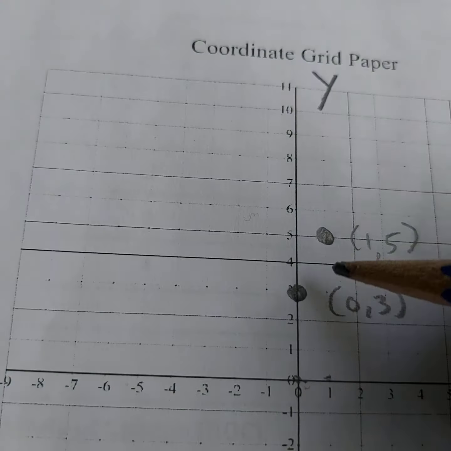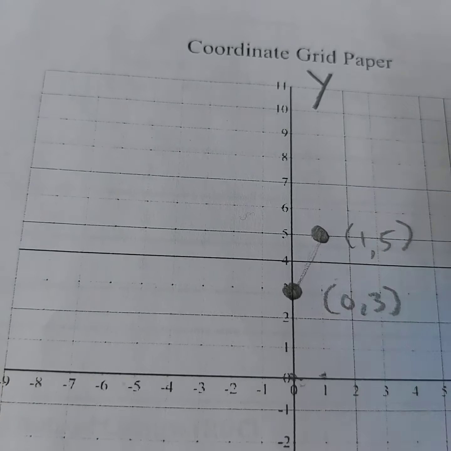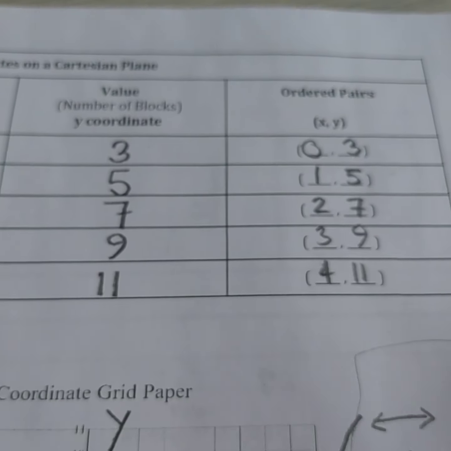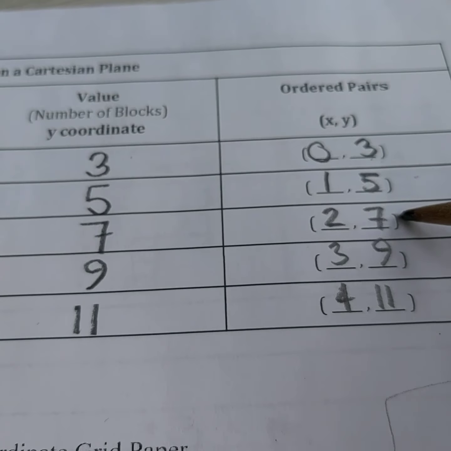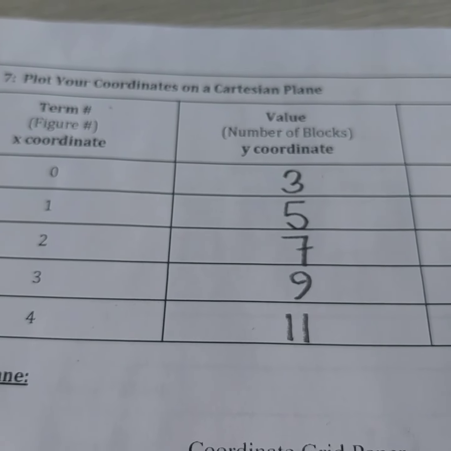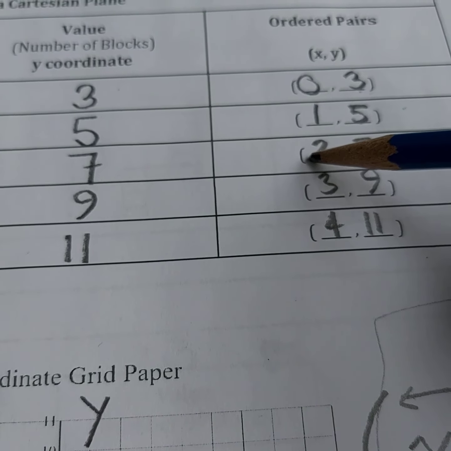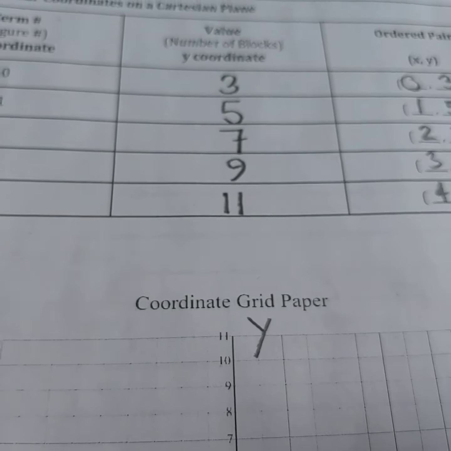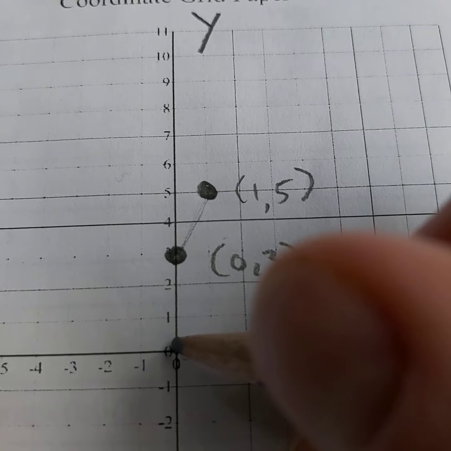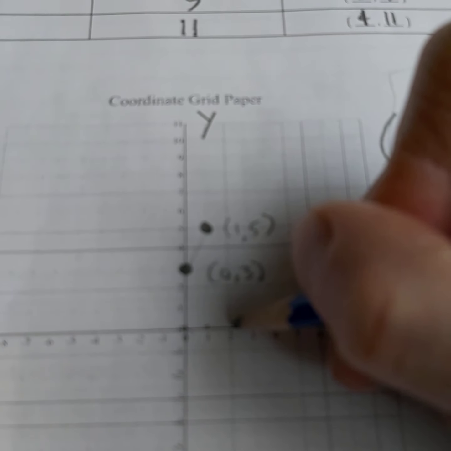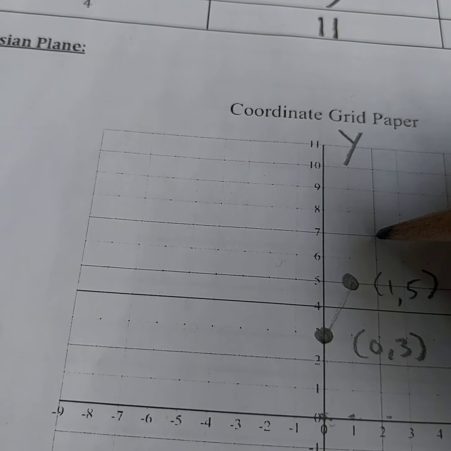A pattern is emerging. I can see how this could become a straight line, but I need to prove it by adding the rest of my points. The second drawing has ordered pairs of 2 and 7. So again, on my x-axis, I'm going to count 2 over this time, and then up 7.